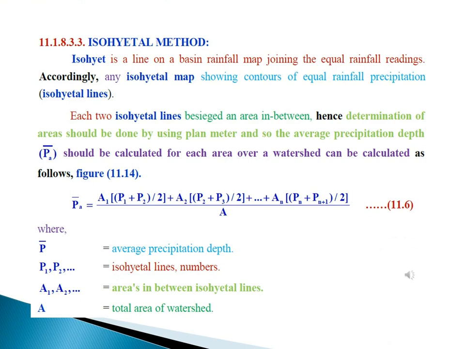Isohyetal method. An isohyet is a line on a rainfall map showing equal rainfall readings. Accordingly, any isohyetal map shows contours of equal rainfall precipitation, known as isohyets. Anyway, the average precipitation depth over a watershed can be calculated as shown in the enclosed equation.